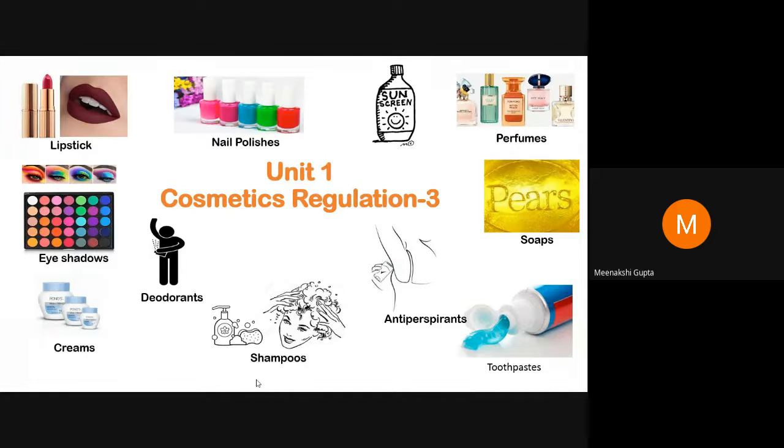All this is mentioned in the Drugs and Cosmetics Act: before starting cosmetic manufacturing, a manufacturer has to apply for the license, and the licensing authority is the state government. If the inspector finds all the basic facilities available, they can award the license.